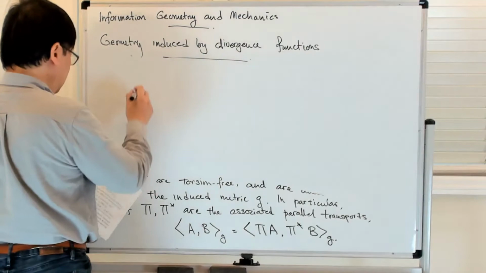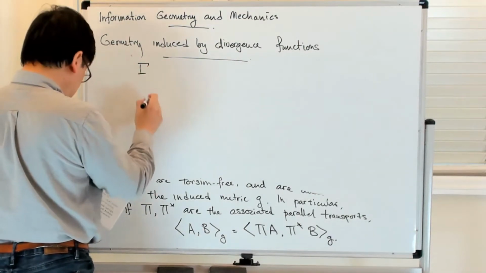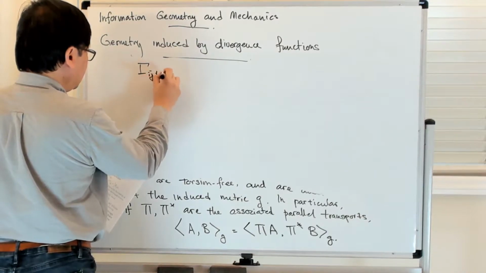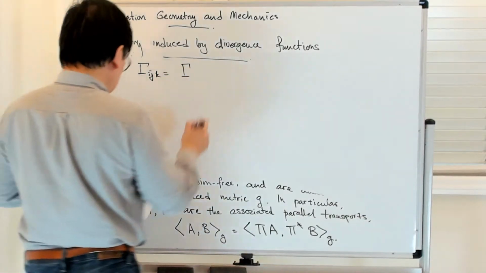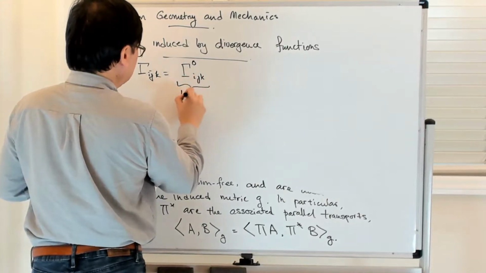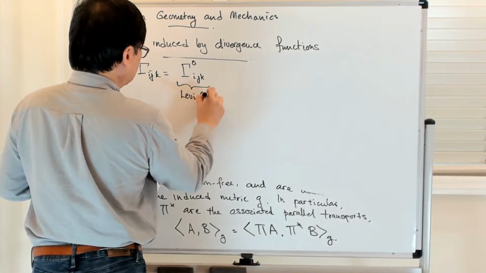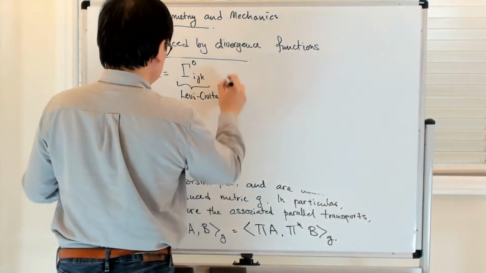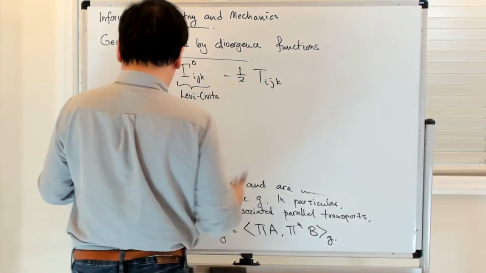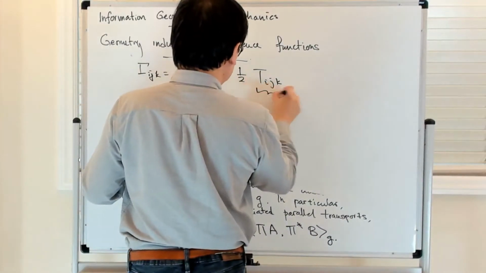So gamma ijk is going to be equal to gamma 0 ijk, and gamma 0 ijk is going to be Levi-Civita, all right, minus 1/2 T ijk, and this is what's called the skewness tensor.